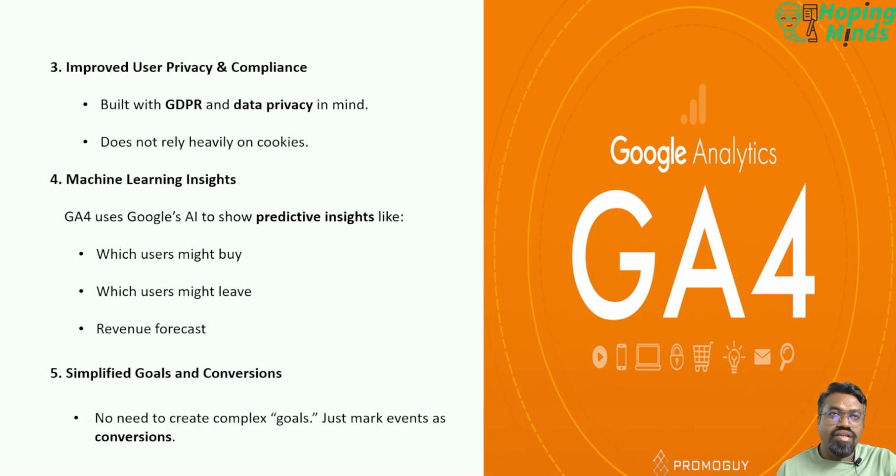Now, with GDPR and data privacy in mind, Google Analytics does not disclose the user's details, specifically their phone number and email IDs, right? Because these are very important things as privacy for any user. Therefore, it sometimes does not rely heavily on cookies, because most of the time if we visit any website, specifically in Europe, they have their policies in place, all right?